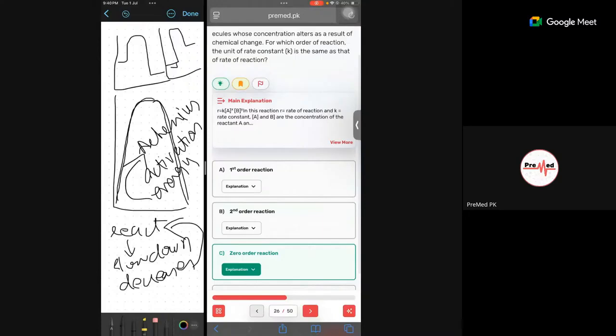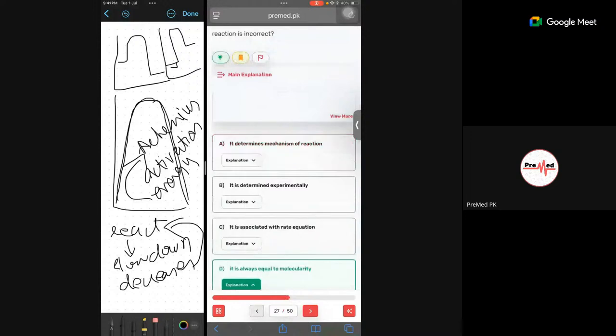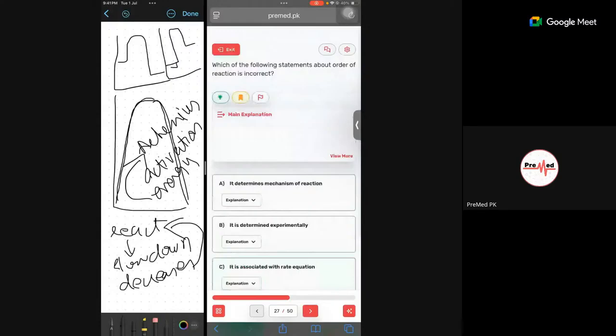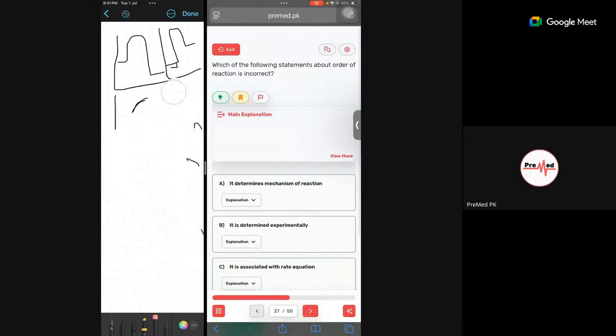Next we have our next MCQ, which is: which of the following statements about order of reaction is incorrect? I told you one thing I wanted to tell you right now: the order of reaction cannot be found by just looking at the MCQ. It is done experimentally. That's why when the MCQ of hydrolysis of acetate came, I said that you should know from the books.